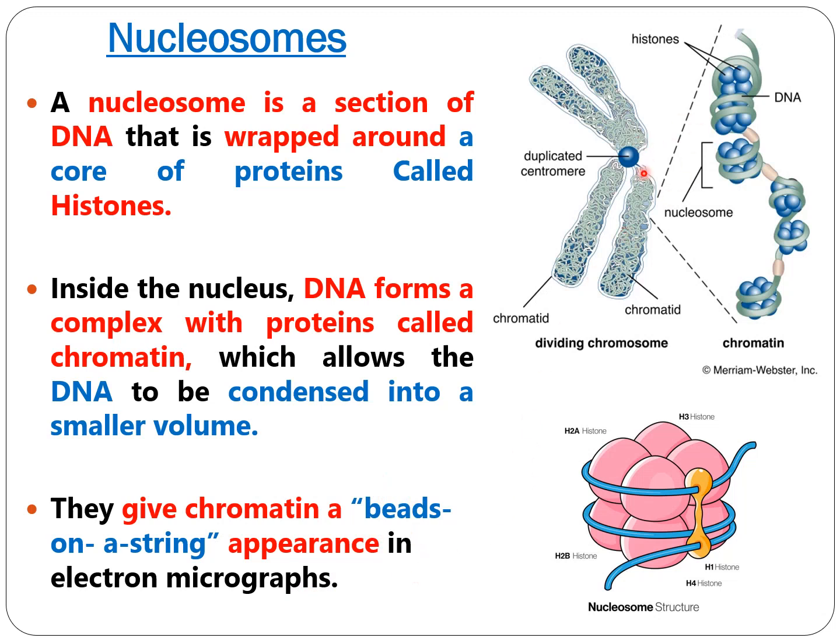So this is the chromosome in which this part is enlarged. Here we can make out that there is the DNA which is wrapped around these histone proteins, and this single unit here is called a nucleosome.